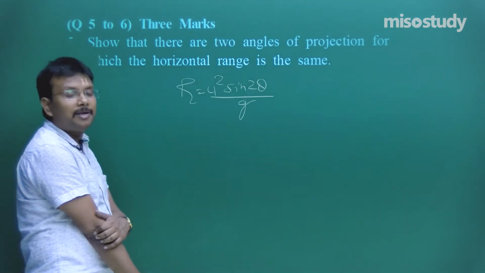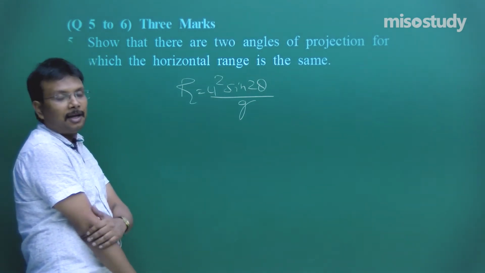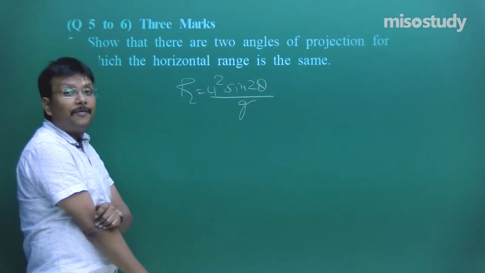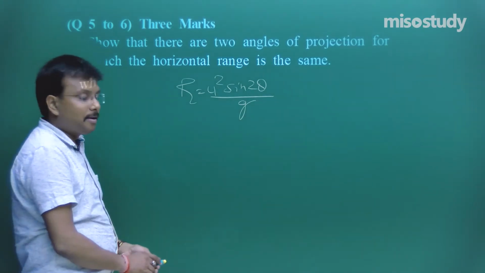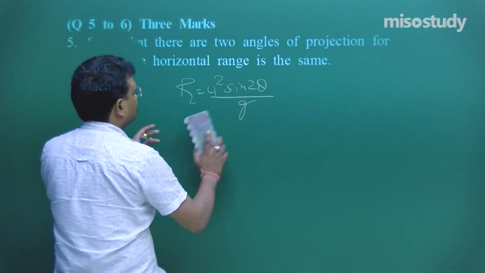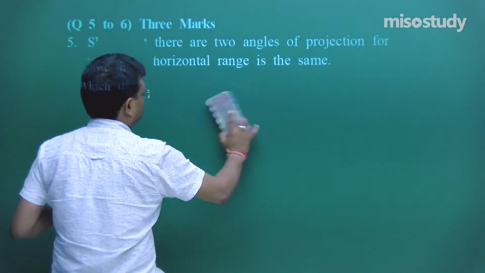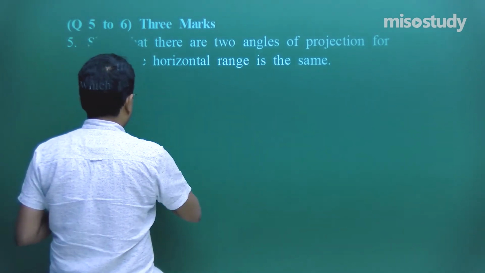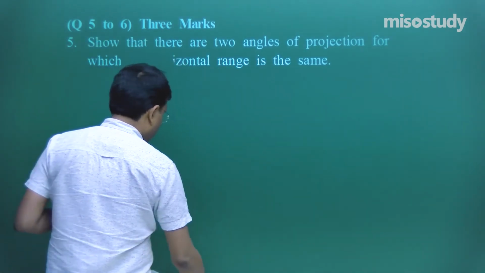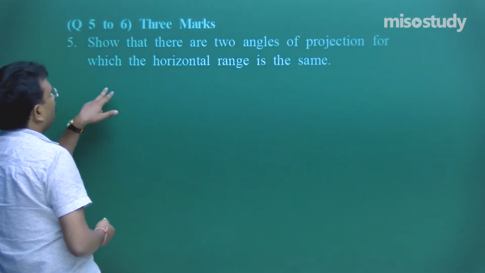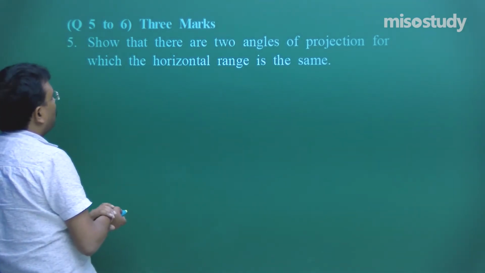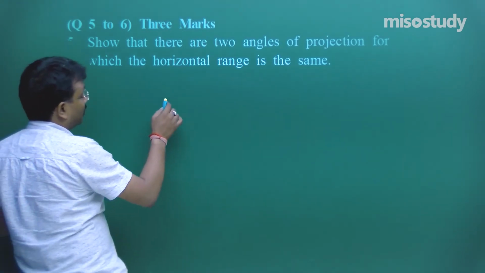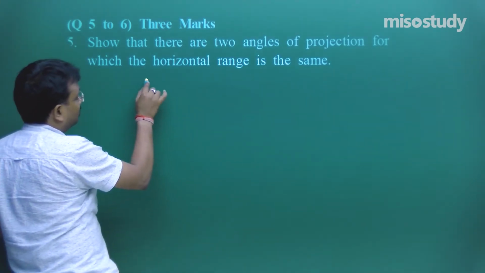For these two angles, the value of the sine function will be the same. So the horizontal range will be same.